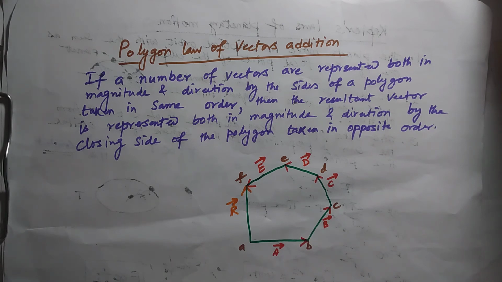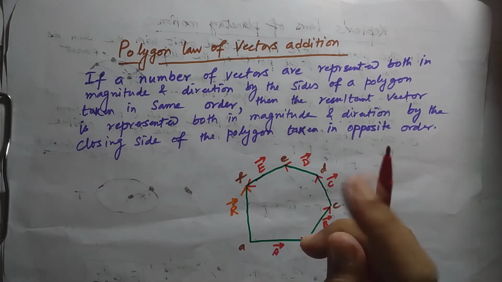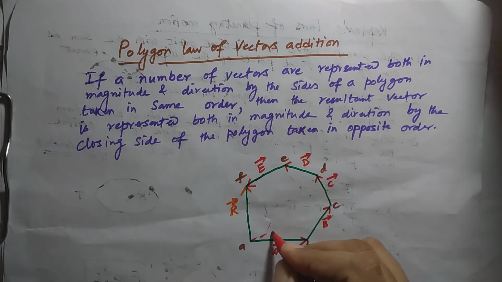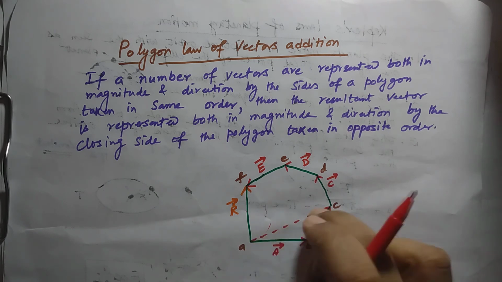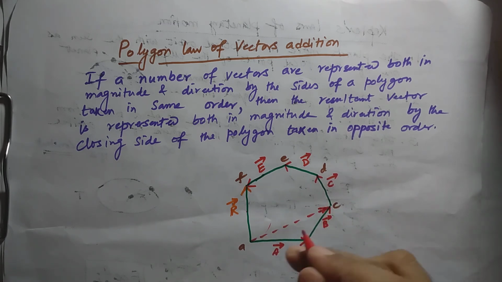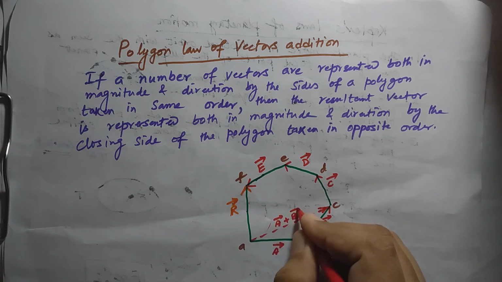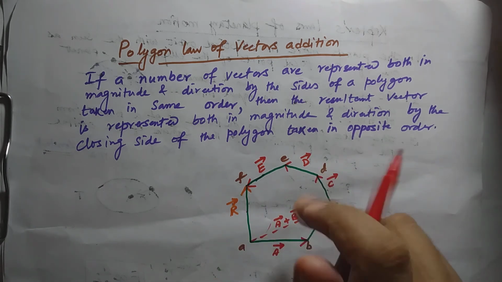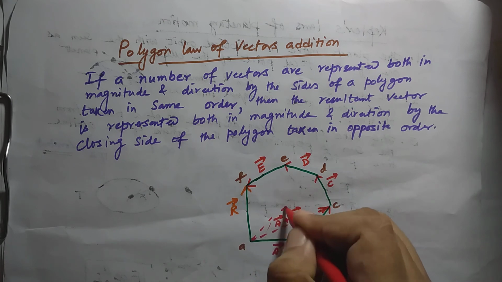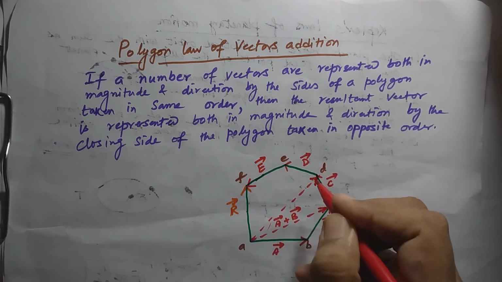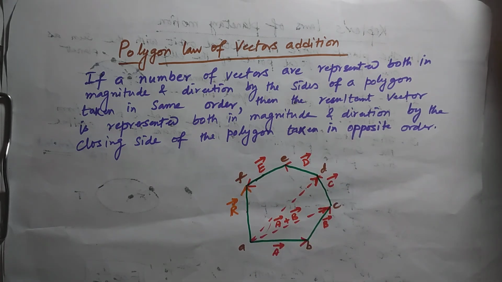Now how will we find this? Suppose this is a vector and this is b vector. We'll use the triangle law. I'll make a small triangle. So this vector will be a vector plus b vector. Now if I join this one, this vector will be a vector plus b vector plus c vector.